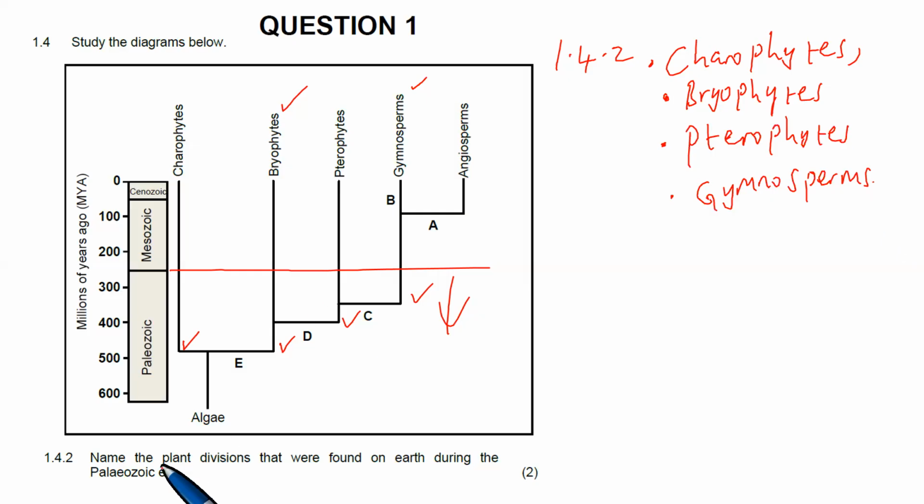We're saying name the plant divisions that were found on Earth during the Paleozoic era. We are speaking about that era of about 400 million years, 500 million years, and slightly about 450 million years, and so forth. We are happy. Next question.